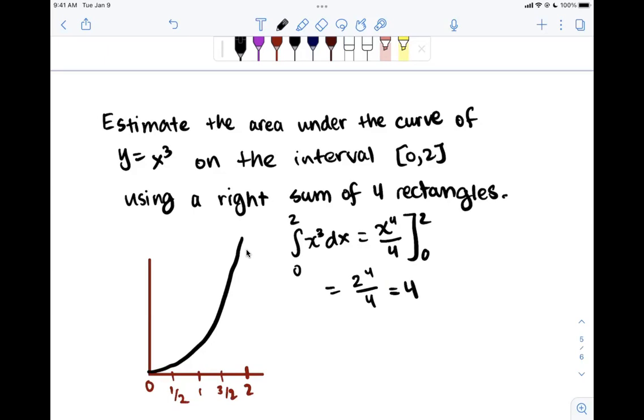So this is what the actual area is. Now, let's see if we can find the Riemann sum from the right. So since this is from the right, we expect it to be slightly bigger. All right, so let's do this. We're going to have our 4 rectangles.